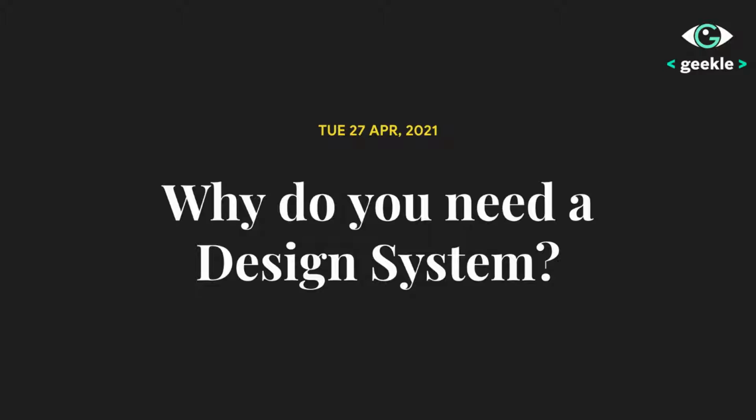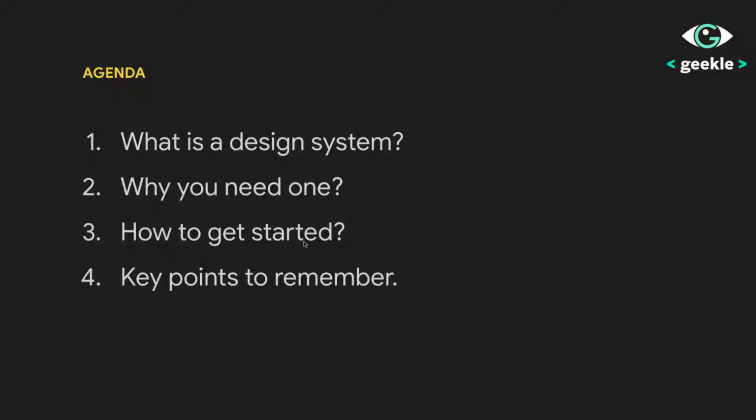Okay, so the agenda here is to get you an understanding of what a design system is, why I think you need one, and how you can judge for yourself whether you have challenges that a design system can help solve.